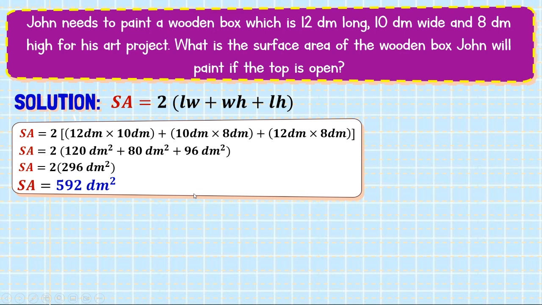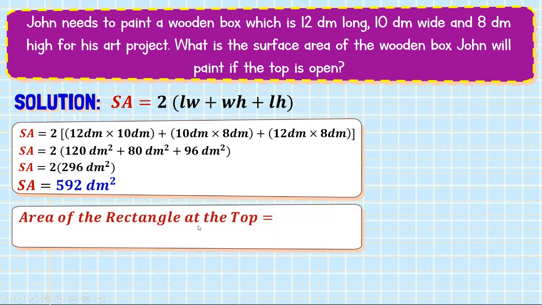But take note, the top of the wooden box is open. So we need to find the area of the rectangle at the top. To find the area of the rectangle, we have length times width. As we visualize the illustration of the wooden box, we need to find the area of the top.